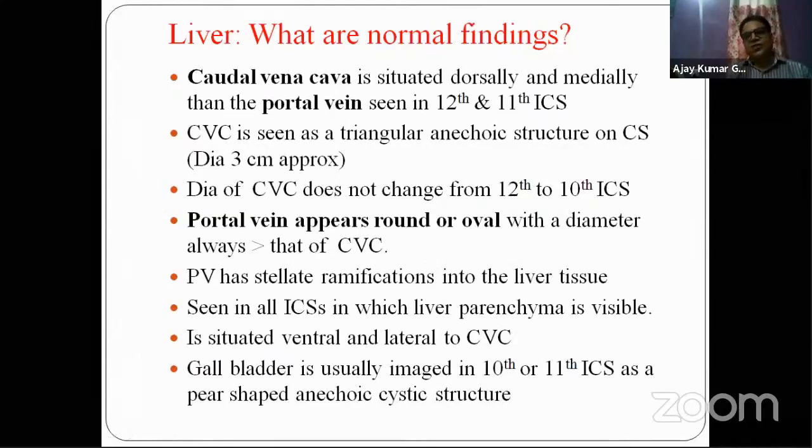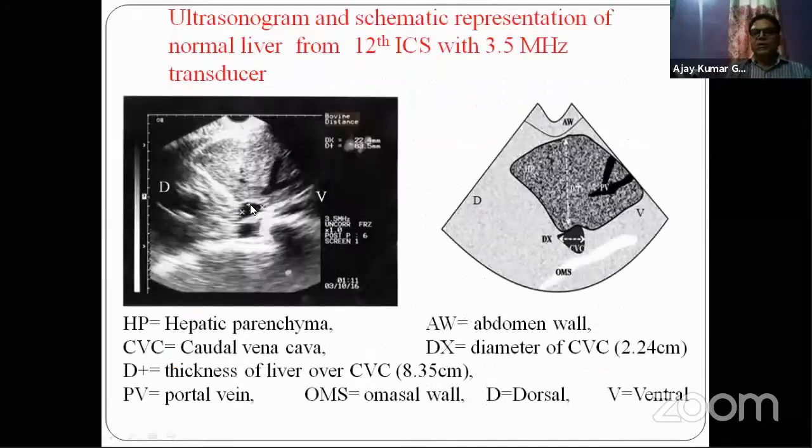What you see in the liver, in addition to the hepatic parenchyma, are the caudal vena cava, the portal vein, and the gallbladder. The caudal vena cava always appears triangular, as in this picture.